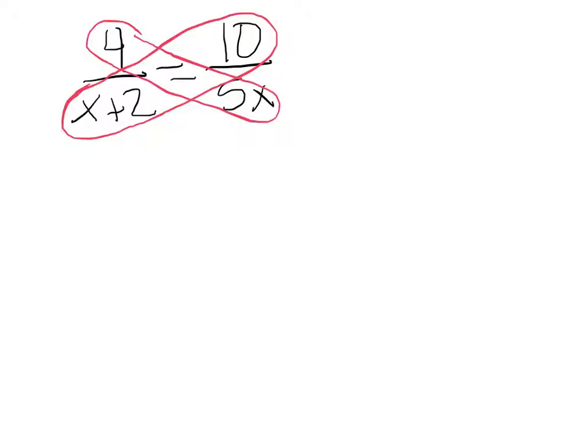4 times 5x. This one is kind of nice because I can just go ahead and multiply 4 and 5 and then get 20x. Don't need to worry about parentheses because 5x doesn't have a plus or minus sign with it. On the other side, we have 10 times the quantity x plus 2, so in this case we do need parentheses.